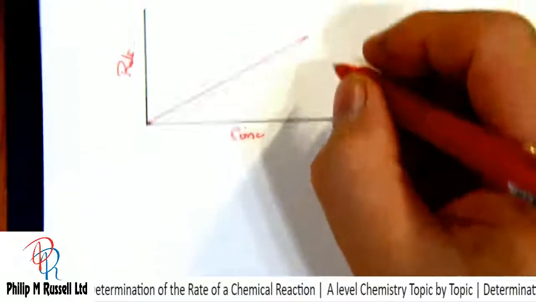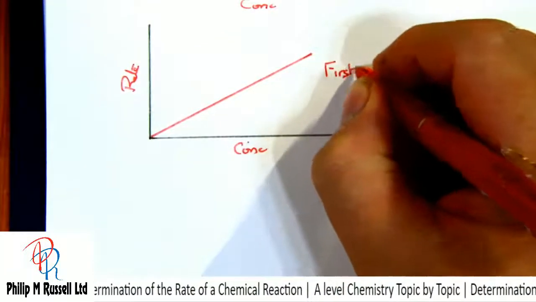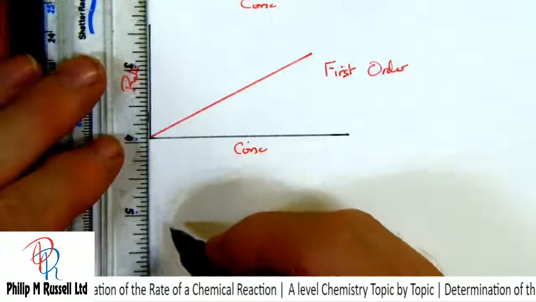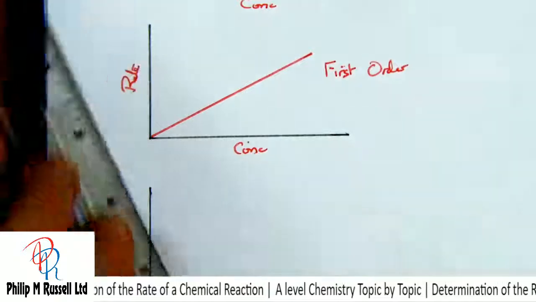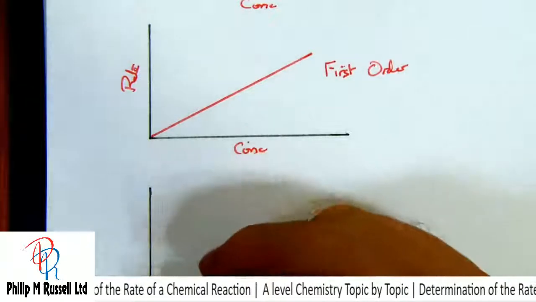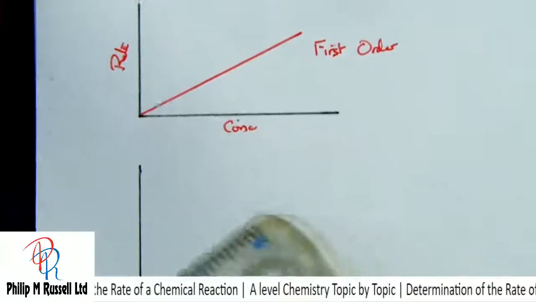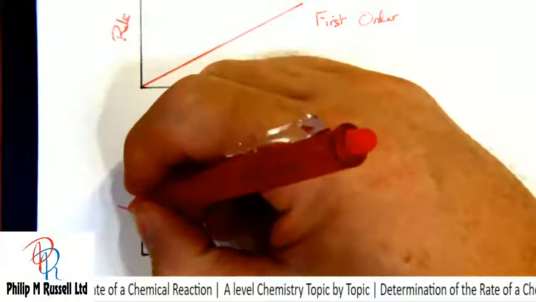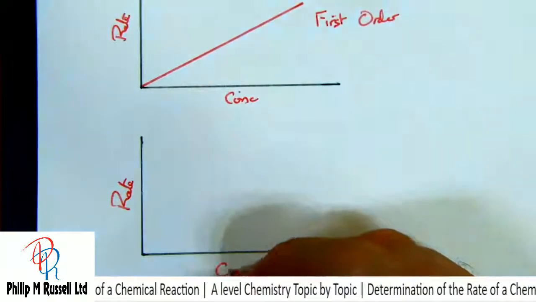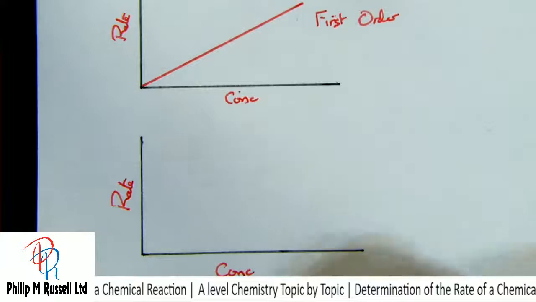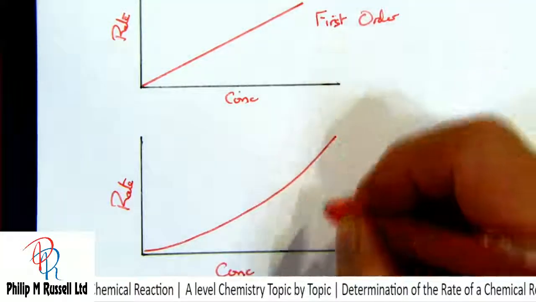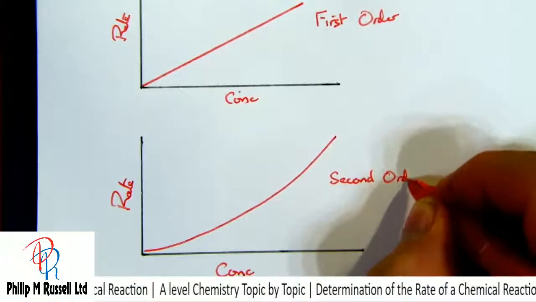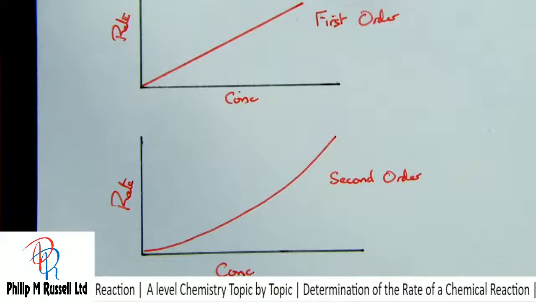I better label that one first order for you. And then finally we've got rate against concentration, to give me a second order reaction.